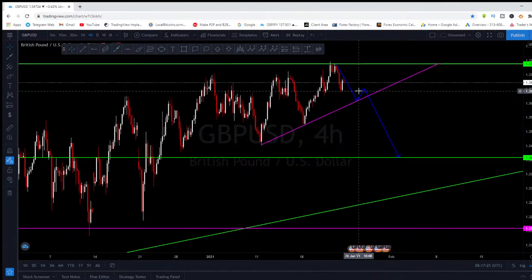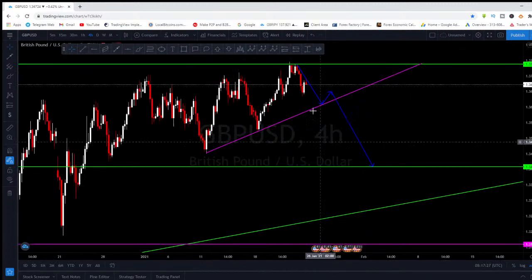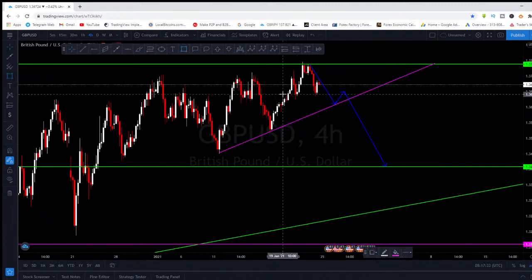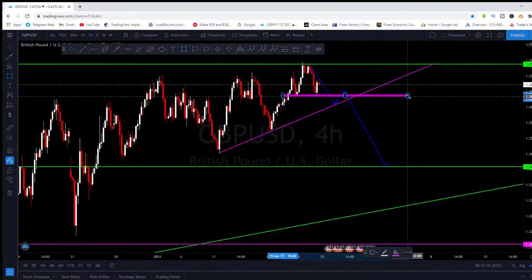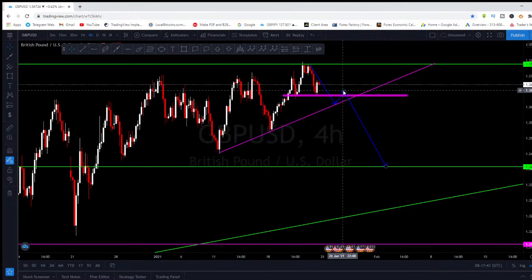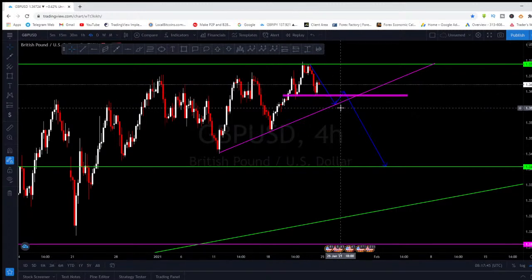But if this GBP USD is not able to break out of this trend line, definitely don't even start to sell this market. So you see there is a level here, which is this, right? After the market breaks out of this next structure, it will retest before it will eventually break out of this trend line and continue to go to the downside.